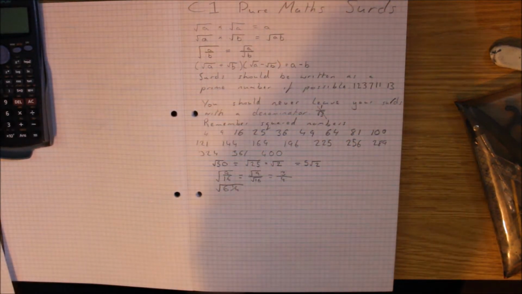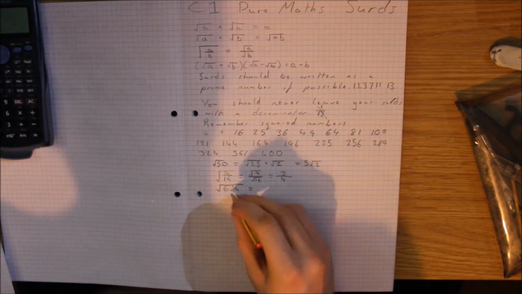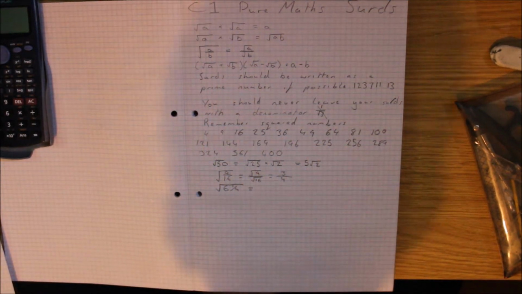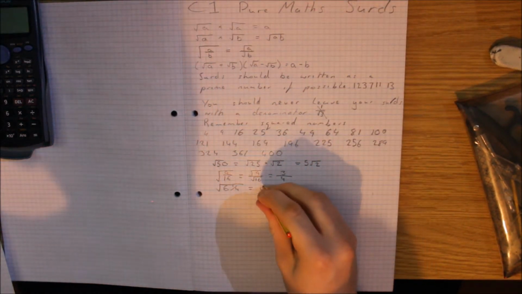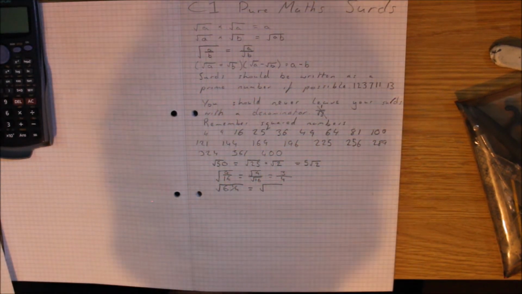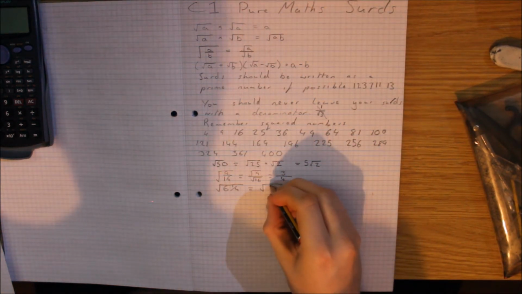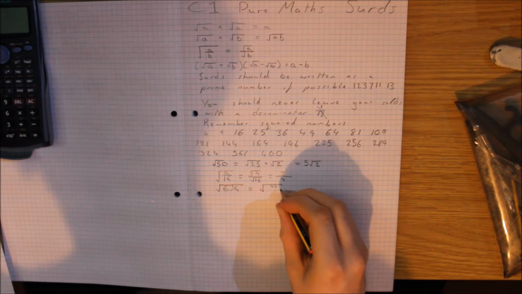First of all, we'd find the fraction. It's still a root. 6 times 4 is 24, so 24 over 4.